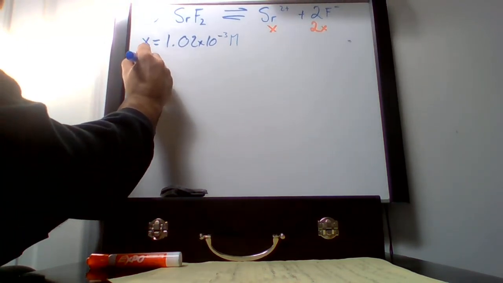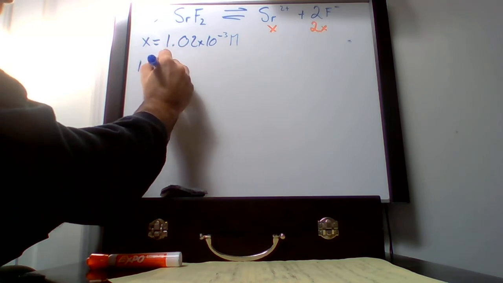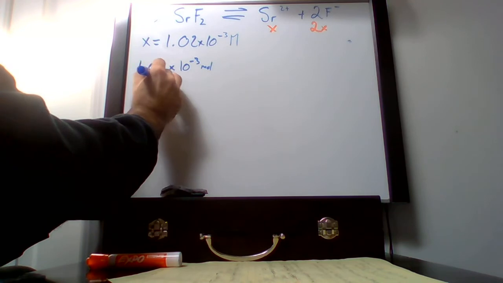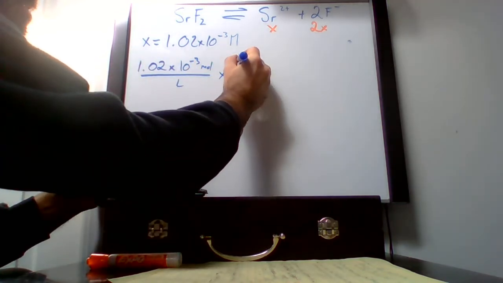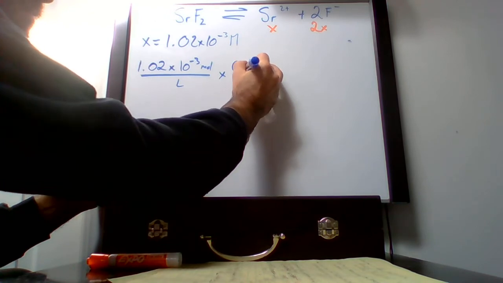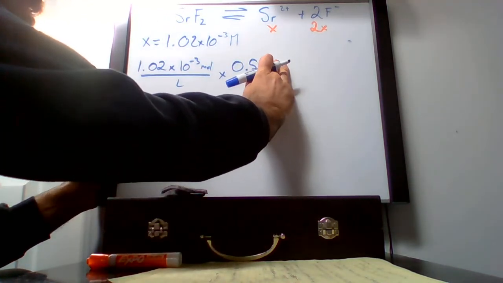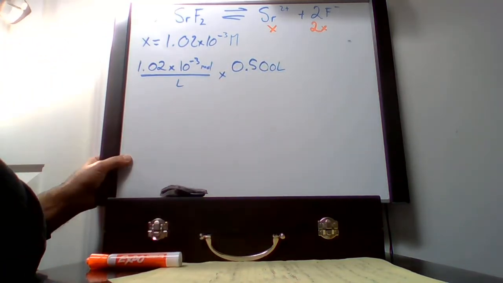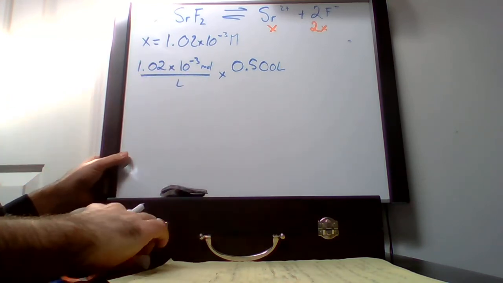All right, so I'm going to take my 1.02 times 10 to the negative 3 moles per liter. I'm going to multiply that by the 0.500 liters that we're looking at. Right, we said 500 mL, so 0.5 liters. Now, those liters would cancel out.